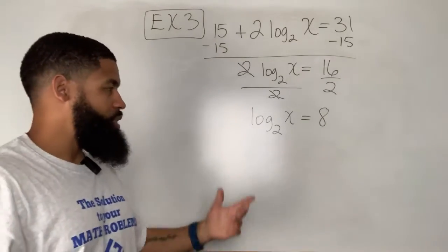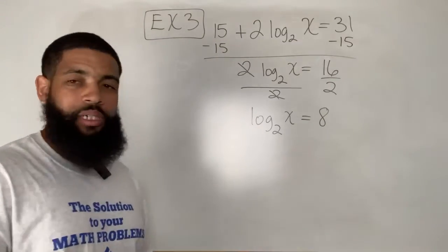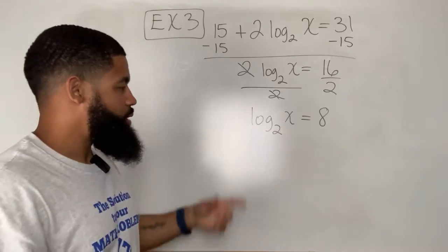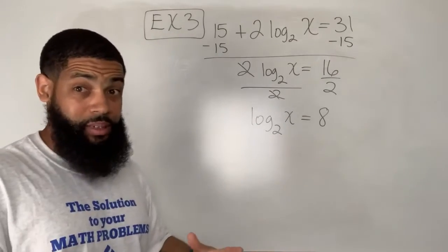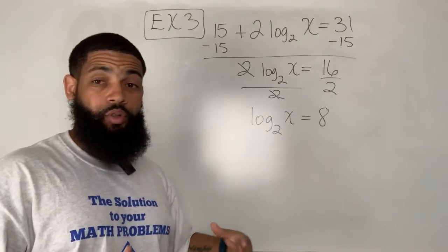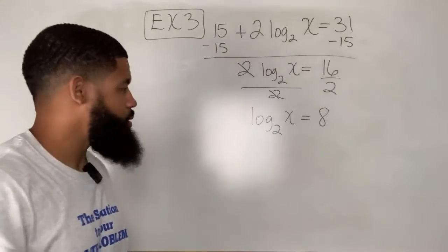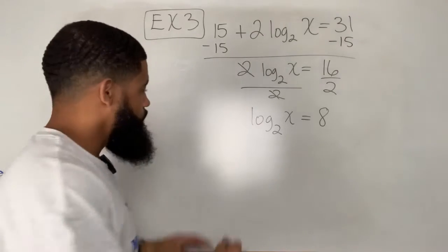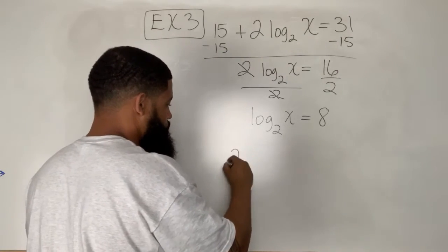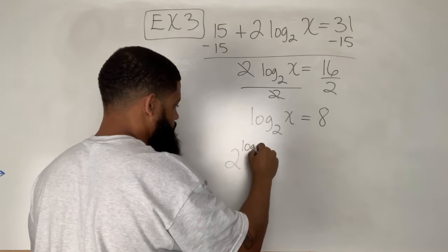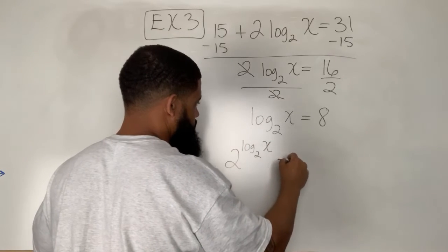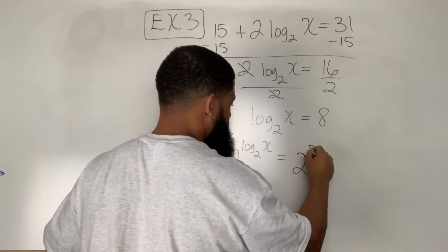All right. Once again, there are different ways to write it. I could raise 2 to this power to show the inverse, but basically with the rules of logarithms, 2 to the 8th power equals x. But for the sake of the video, 2 raised to the log base 2 of x power is equal to 2 raised to the 8th power.